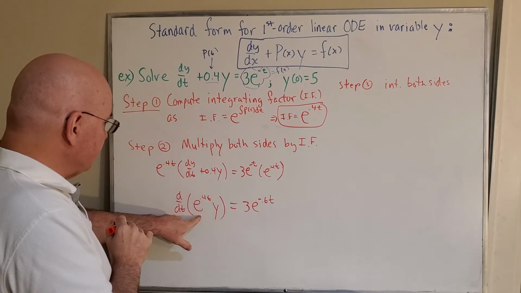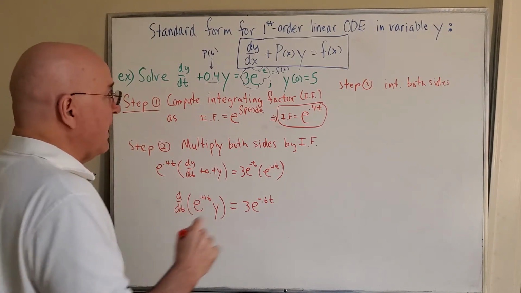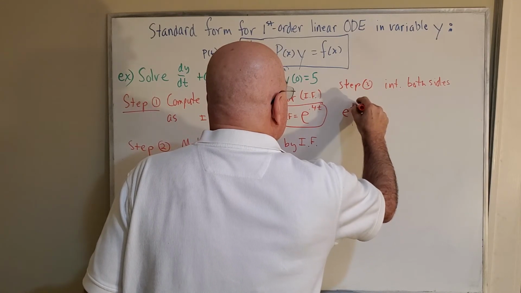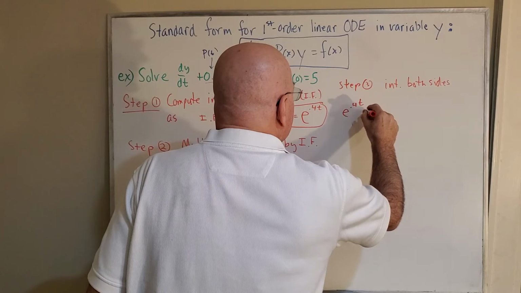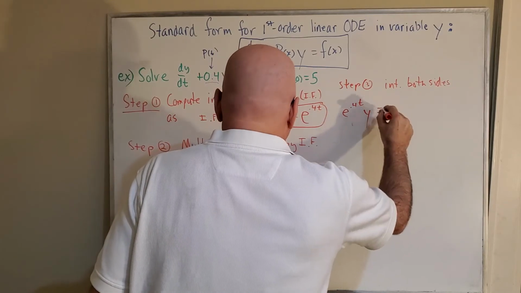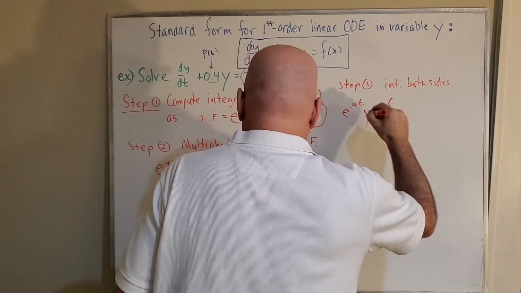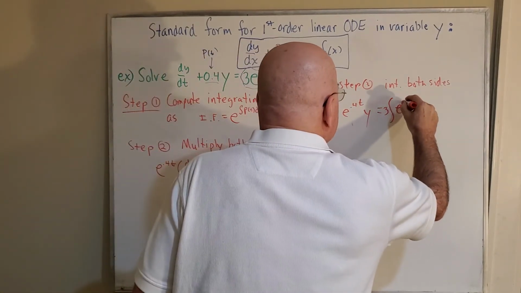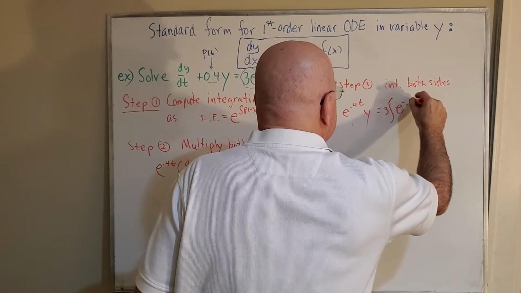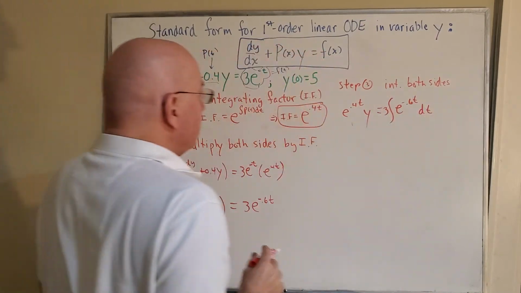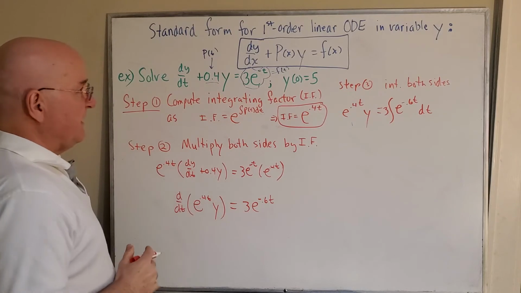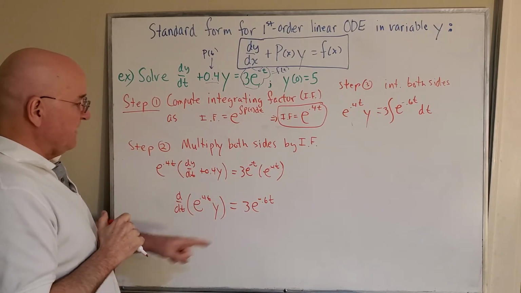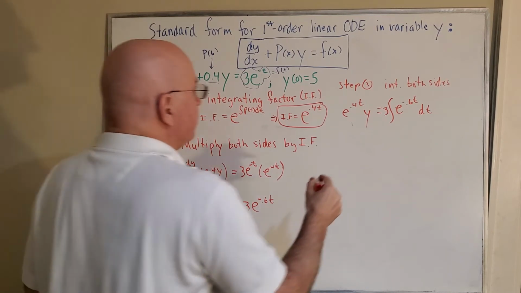The left-hand side is just e^(0.4t) y, and that's equal to the integral of, I'm going to put the 3 in front of the integral, e^(-0.6t) dt. So all we are doing is integrating both sides. I've already successfully integrated the left-hand side, and now we need to integrate the right-hand side.